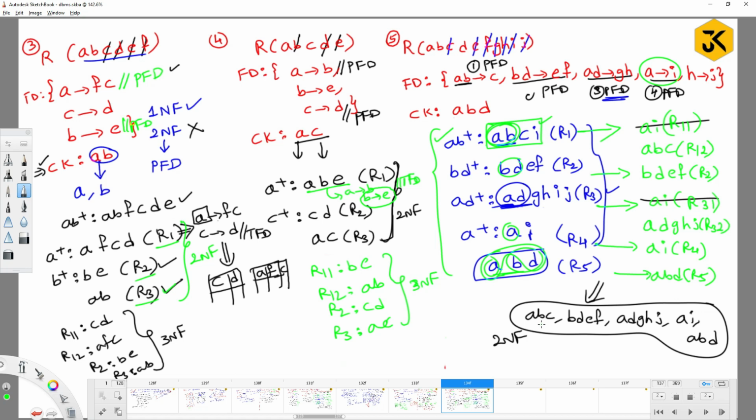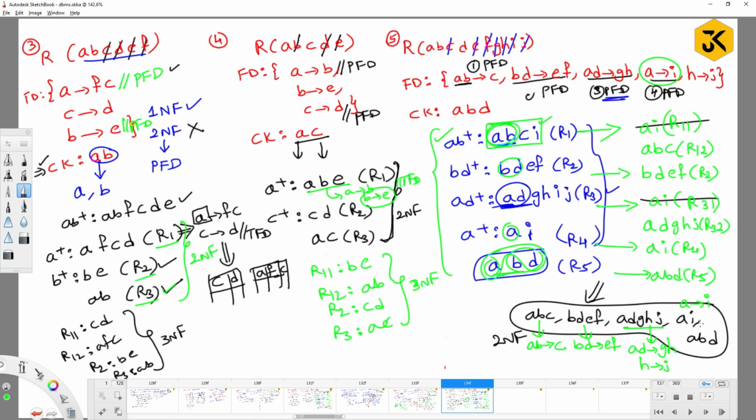for ABC, what might be the FDs possible? AB determines C. For BDF, BD determines EF. Good. For ADGHJ, AD determines GH, H determines J. For AI, A determines I. For ABD, any functional dependency may be possible, right? So if you find the AB closure, it is ABC.